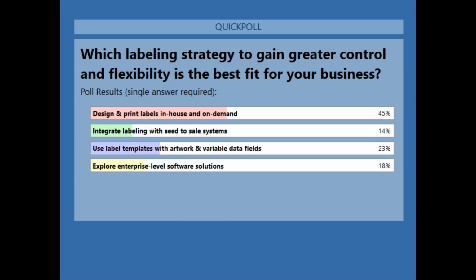So, not to my surprise, the most popular answer is really just design and print labels in-house and on demand. The cannabis industry, for all intents and purposes, is still a very, very young industry, and I think that really speaks to why there was initially so much outsourcing.